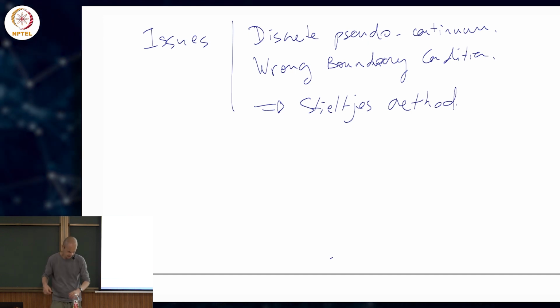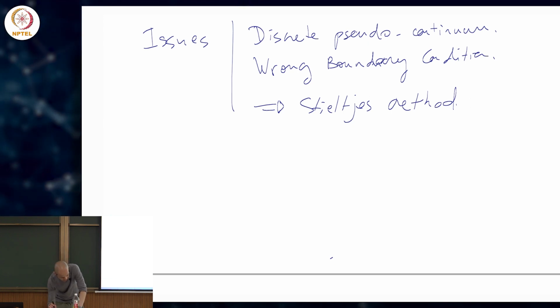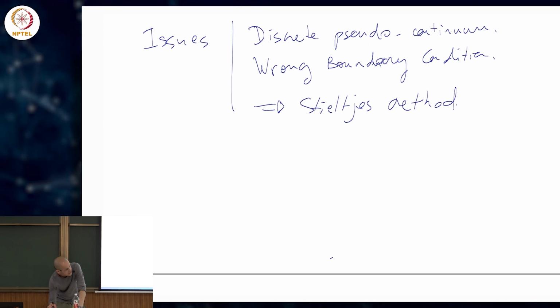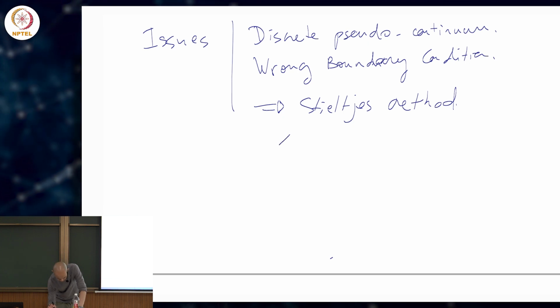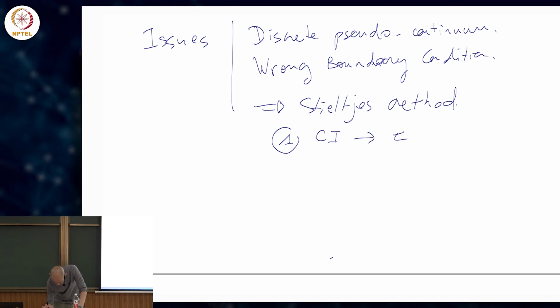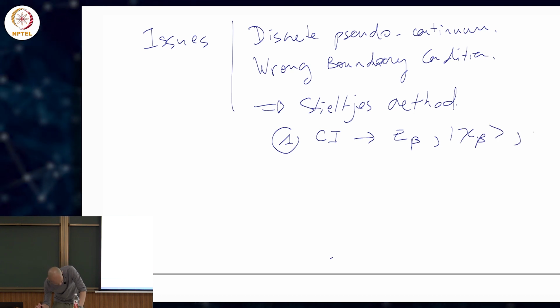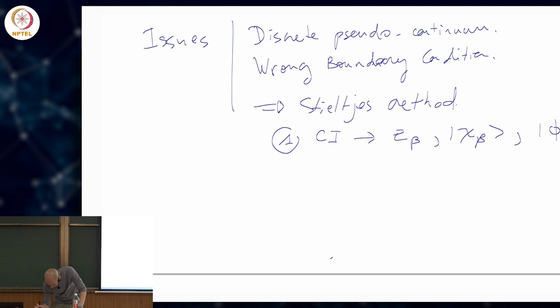Okay? So how do you do it? I'm not going to go into the derivation. I'm just going to tell you the steps that you do. So the first step is that you do CI and you get the energy, you get your pseudo-continuum, you get your quasi-bond state.